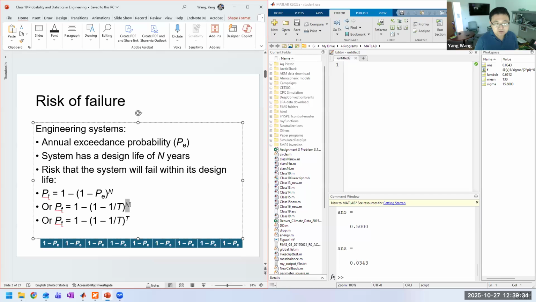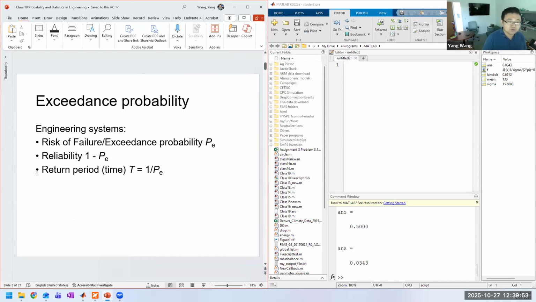And further, when we define, for example, let's say we're trying to look at the design life of n years, the n is just going to be the time T, right? It's the duration or the return period.